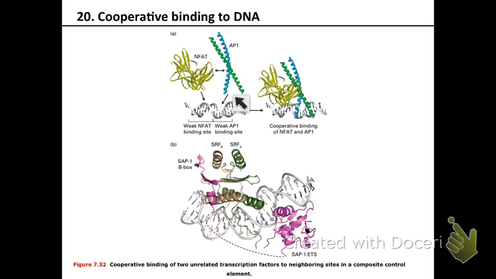So this can be like this with physical interaction, or these interactions can be a little bit more distant through the protein folding, so that you can have the 2 proteins binding to slightly more distant sites, but again binding through these physical interactions.